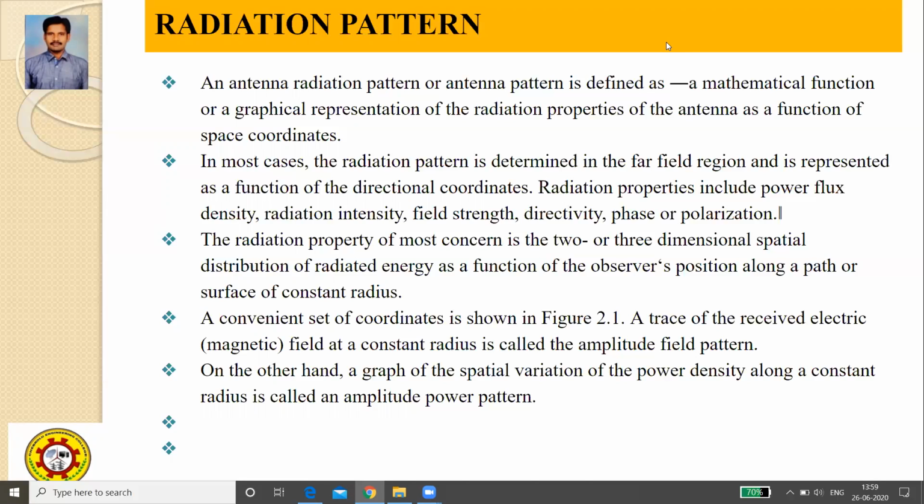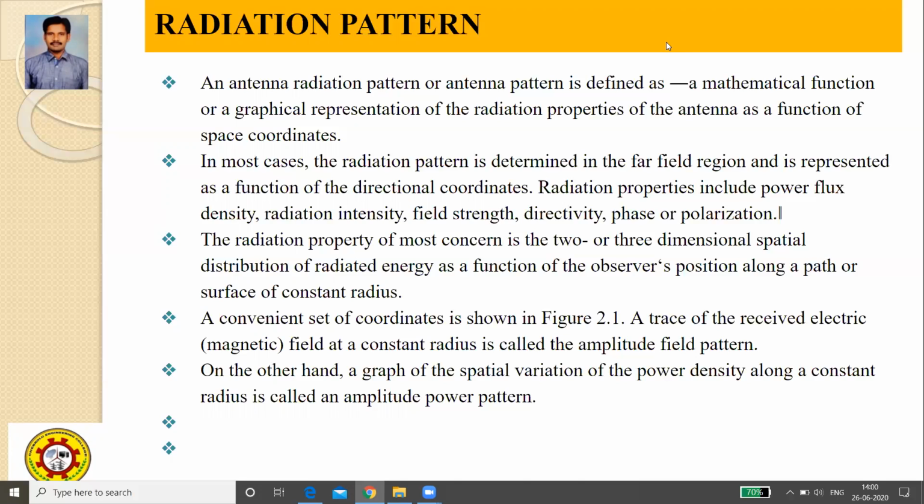Sometimes it is very convenient, and sometimes very complex, to represent a radiation pattern as a function of two or three spatial distributions of radiation energy.